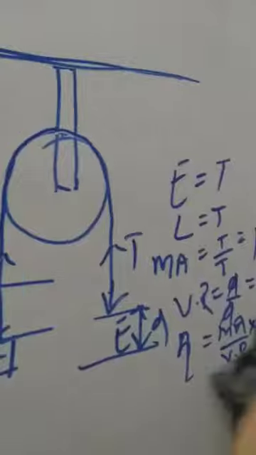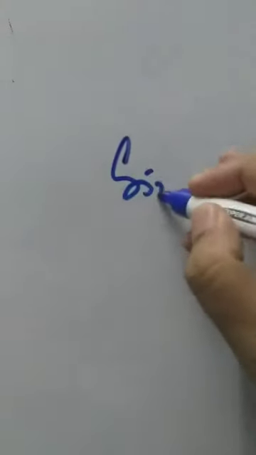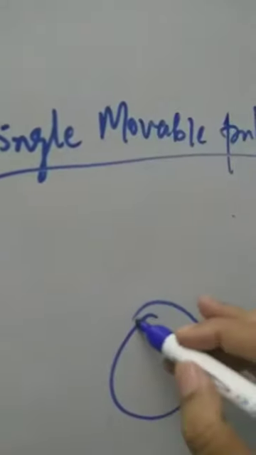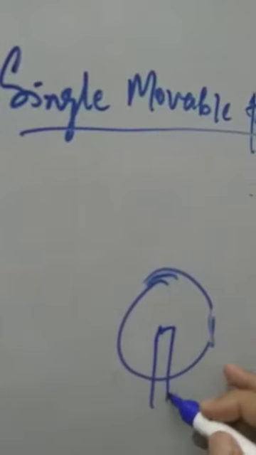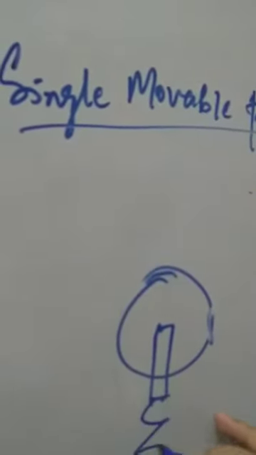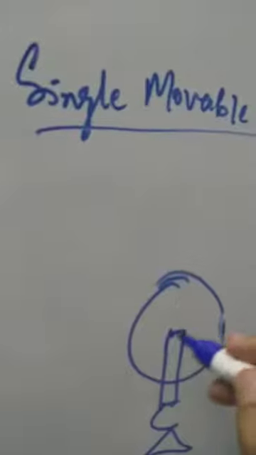Now let us move on to the single movable pulley. In single movable pulley, as the name suggests, the pulley is movable. That means it will move with the load. So suppose this is the load and this is a pulley.